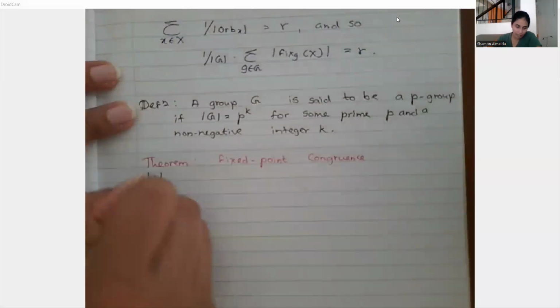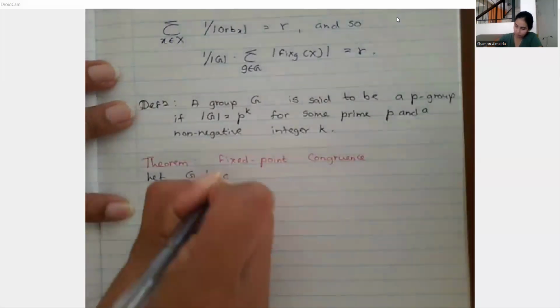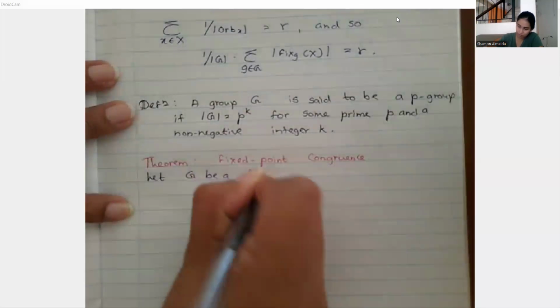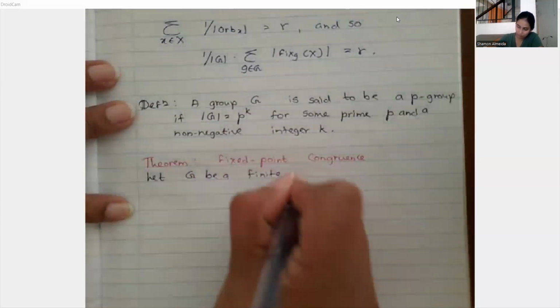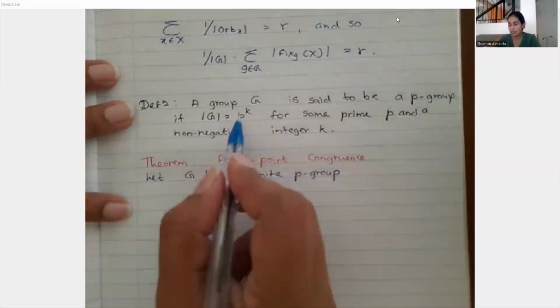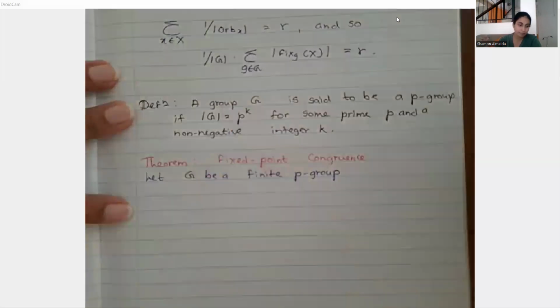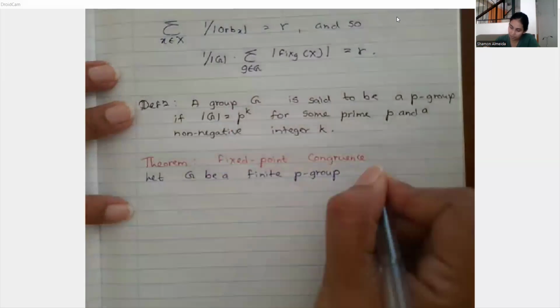Let G be a finite P group. That means by definition, its order is some non-negative power of P, where P is a prime number.